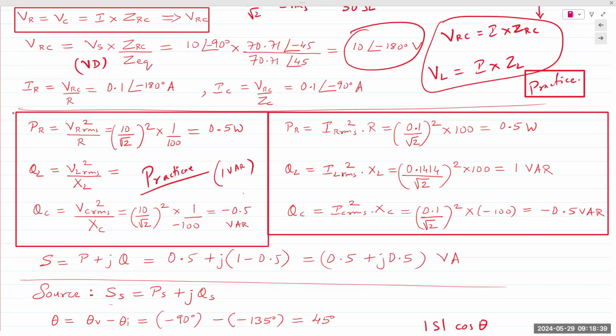Okay. So you found the power for the resistor, the inductor, and the capacitor. The only component remaining is the source. From the law of conservation of energy, it makes sense that the total energy being received by the three components has to equal the energy being supplied from the source. So you add everything up, and you should get the total complex power S for the source.